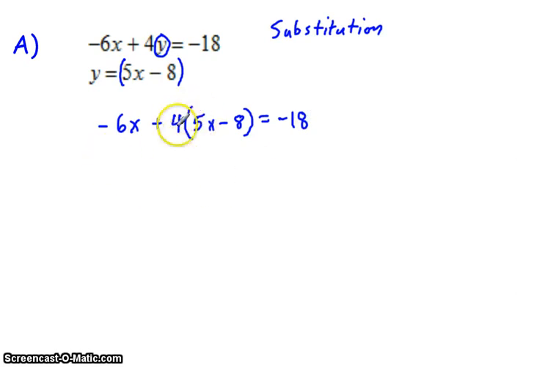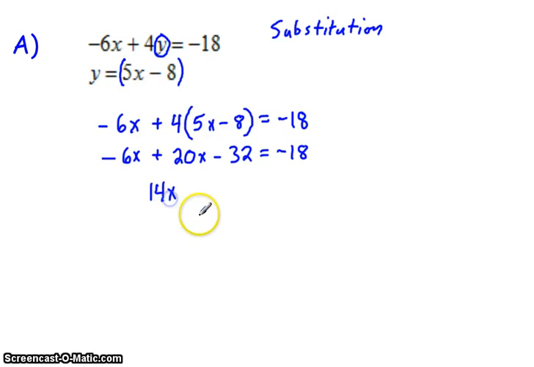First thing I got to do is distribute here, so this will be negative 6x plus 4 times 5x is going to be 20x. 4 times negative 8 is negative 32. And this all equals negative 18. I'm going to combine like terms on the left side. Negative 6x and 20x is 14x minus 32 is equal to negative 18.